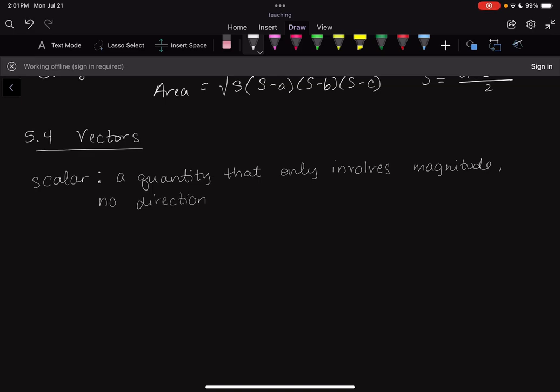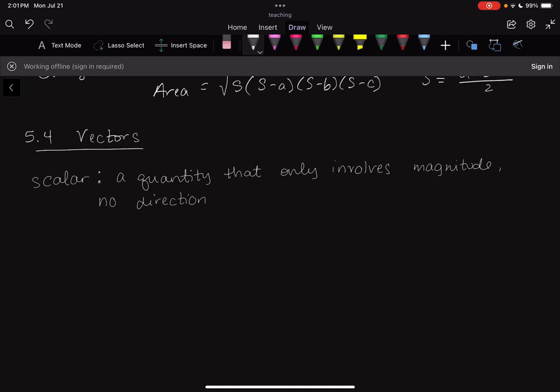Some examples of scalar quantities would be length, area, temperature, or distance. These are quantities that are always positive. They only have magnitude. They have no direction.